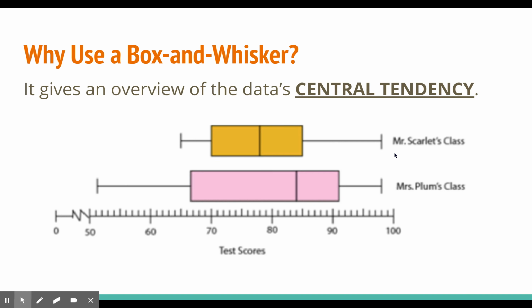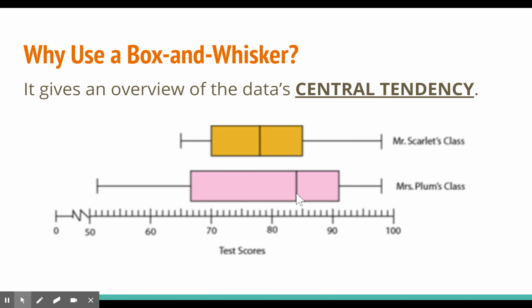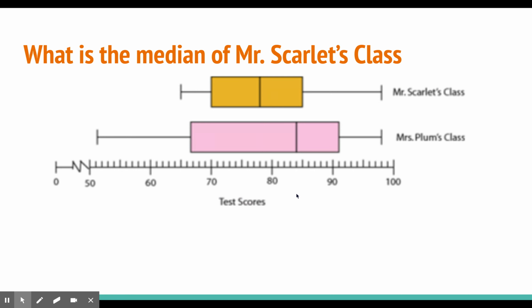All right, so box and whisker plot gives a nice overview of data's central tendency. So we're going to compare and contrast a little bit of Mr. Scarlett's class. Looks like we have test scores and Mrs. Plum's class's test scores. So what is the median of Mr. Scarlett's class?